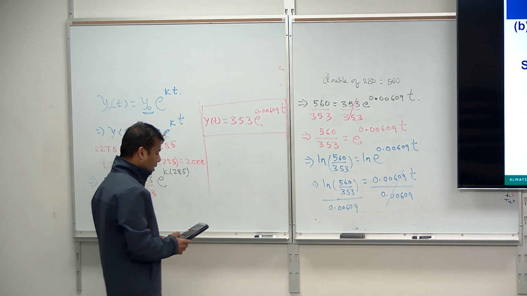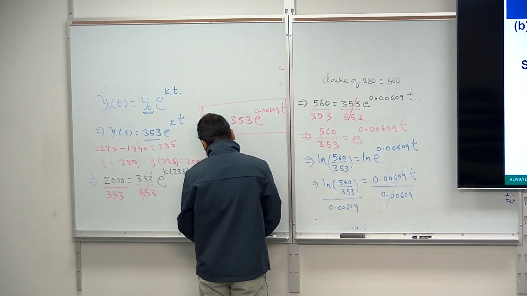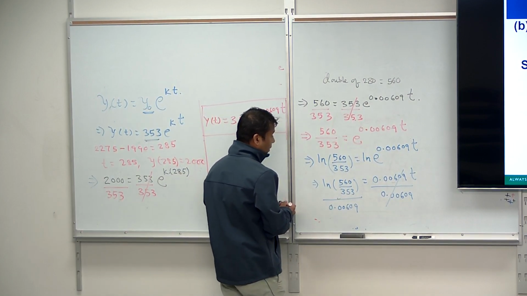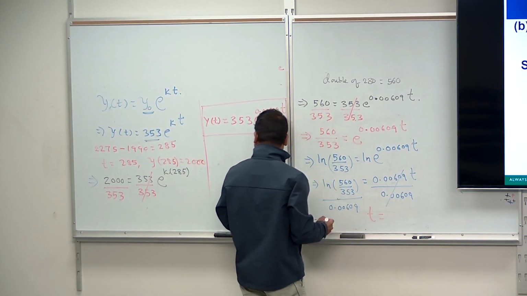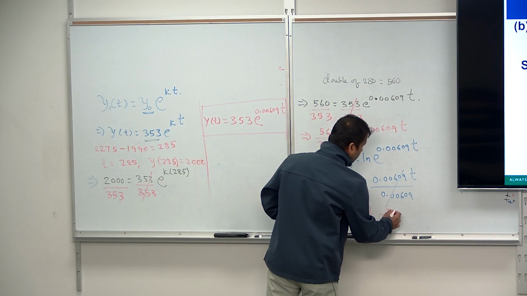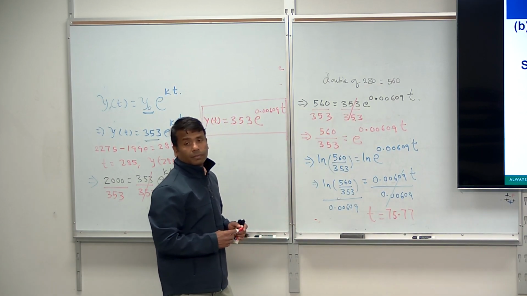So that will give me 75.77. So I got t equal to 75.77. That makes sense?